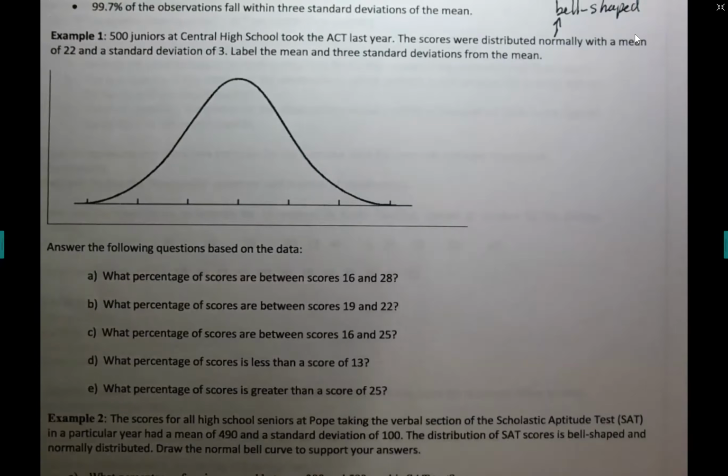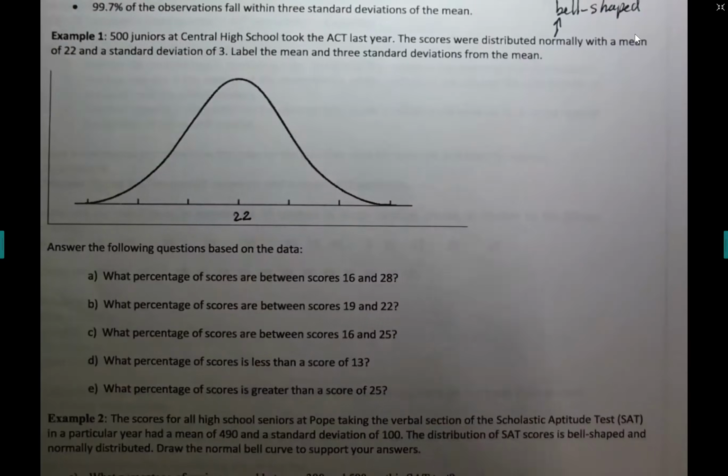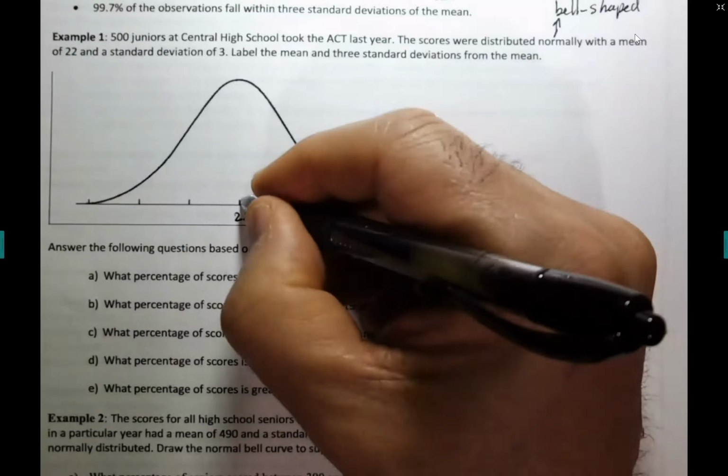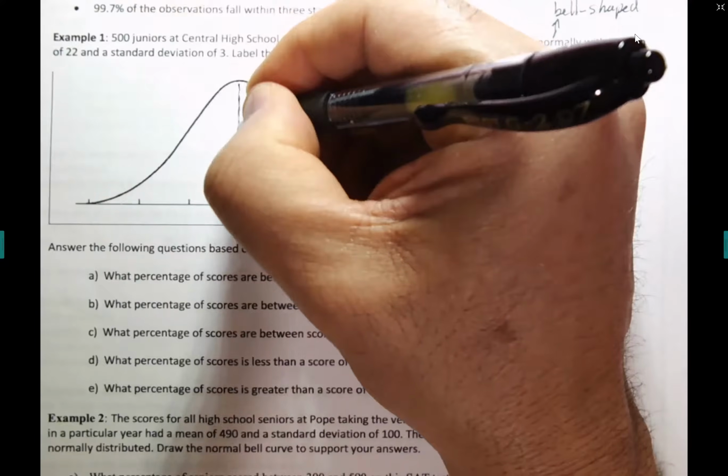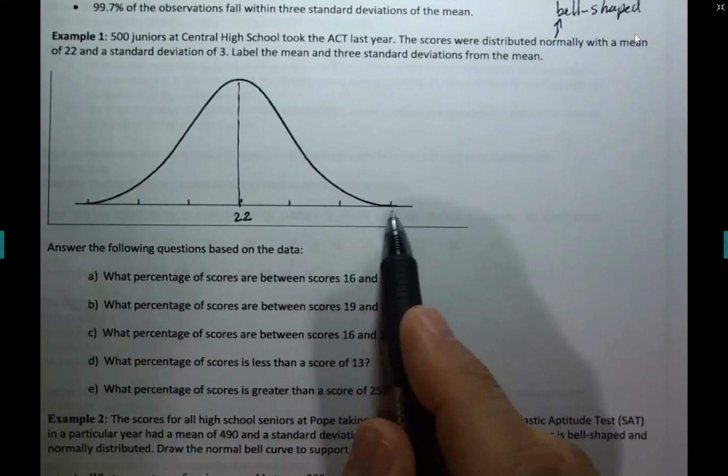So the mean, guys, you agree with me, it should be here. That's the 22, the mean, the center. Can you guys help me label those 3 tick marks here? The standard deviation is 3.